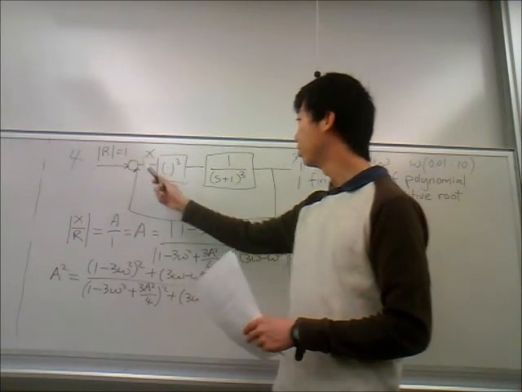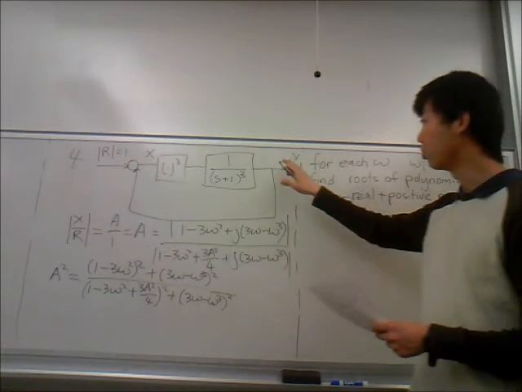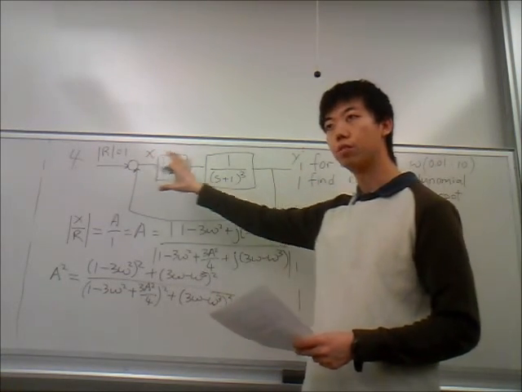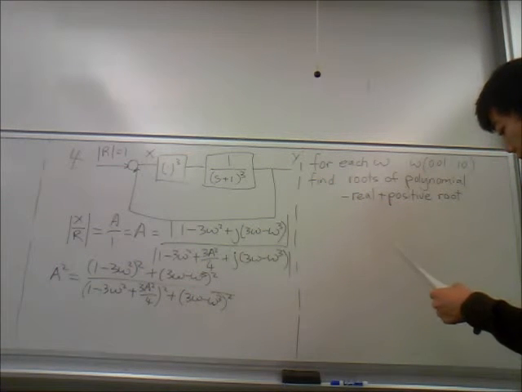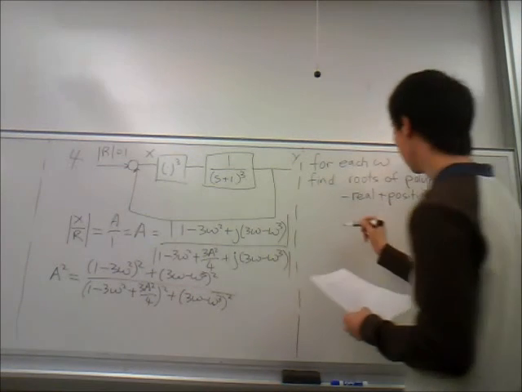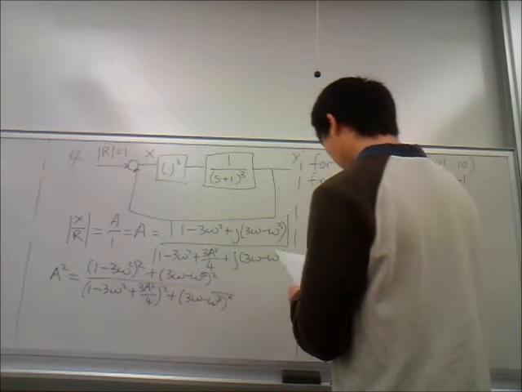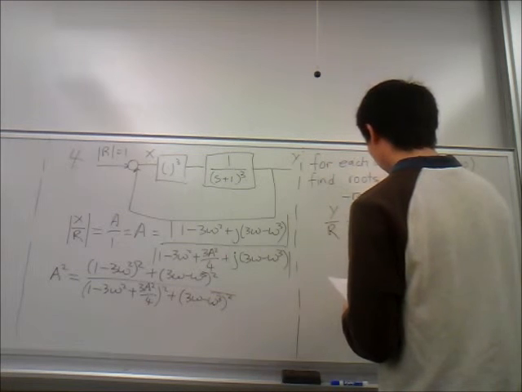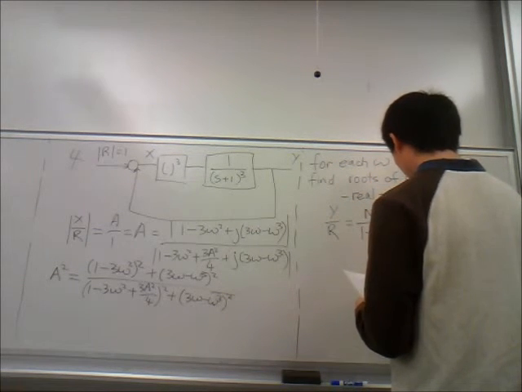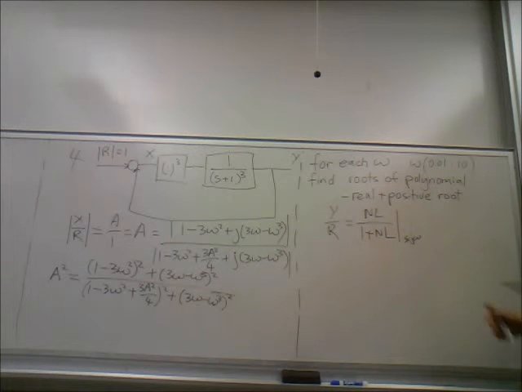So once we have this, we know we have the right A. It's right here. And then we can put A into the entire expression for the system and solve for the frequency response. So we can substitute that A into y over r, which is NL over 1 plus NL, evaluated at that frequency.